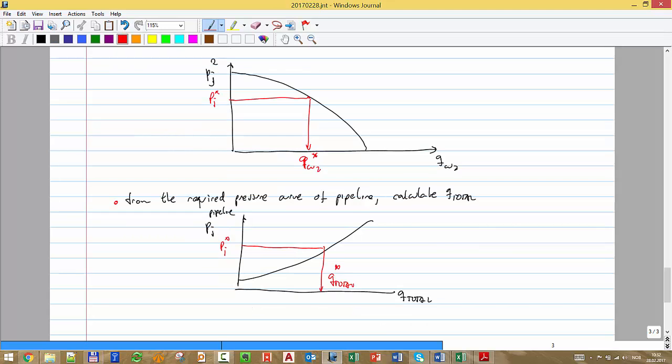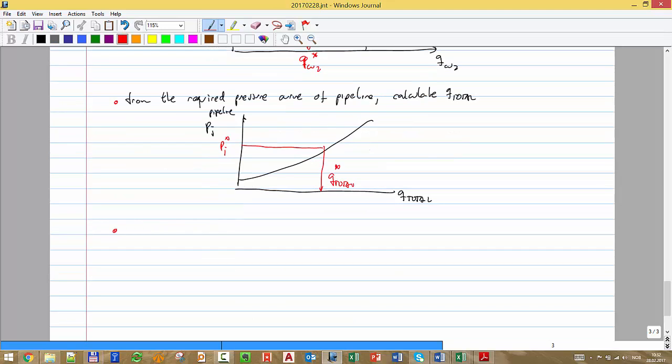So the next step is to verify mass conservation in the junction. Is Q total star equal to Q well 1 star plus Q well 2 star?